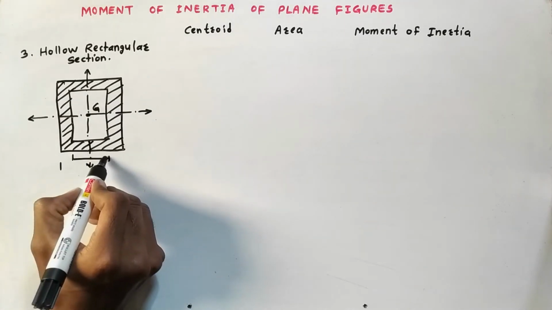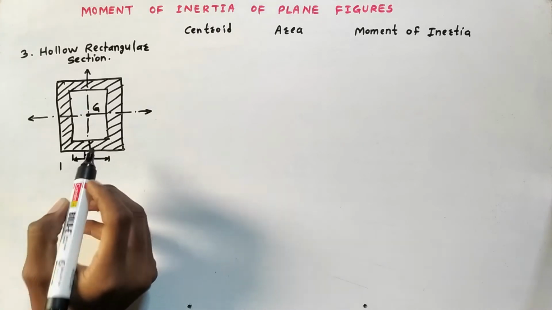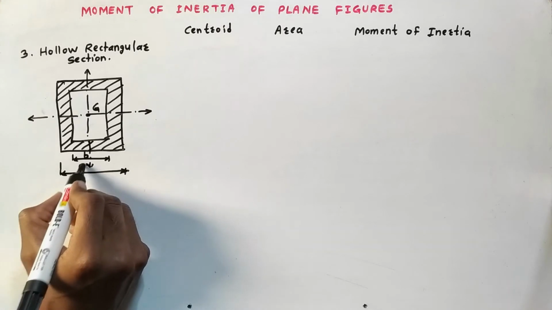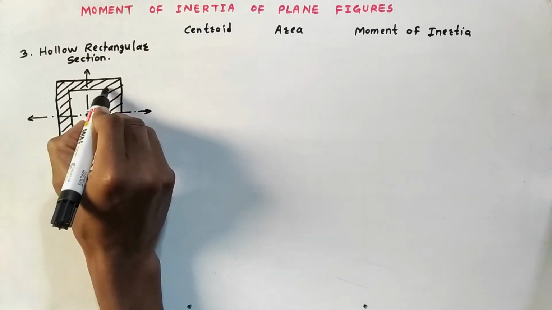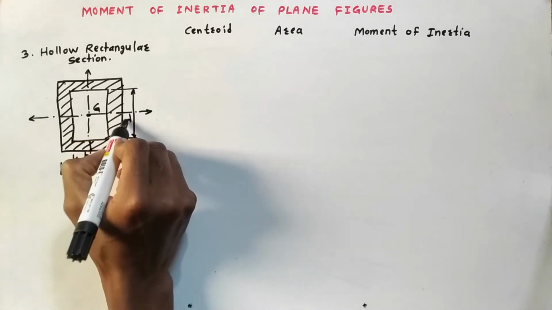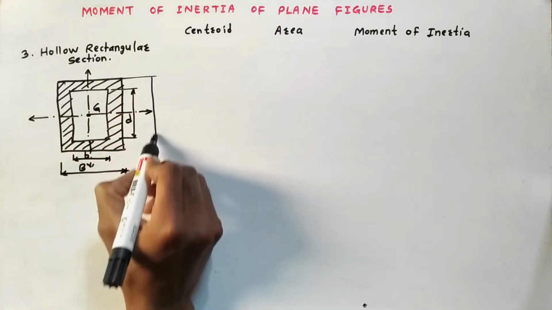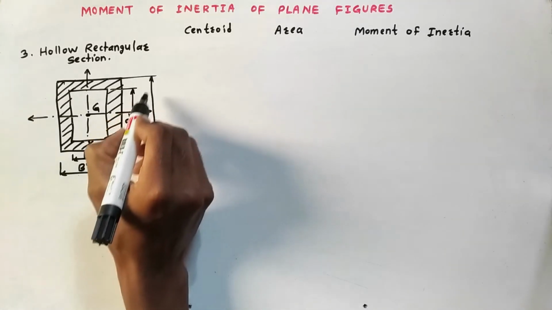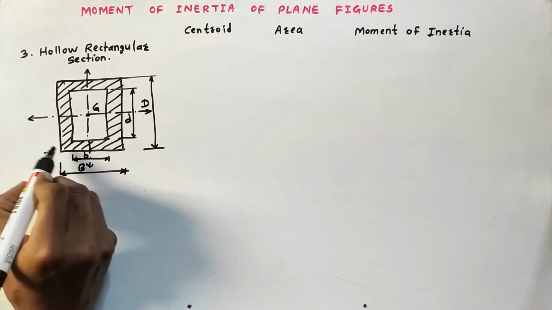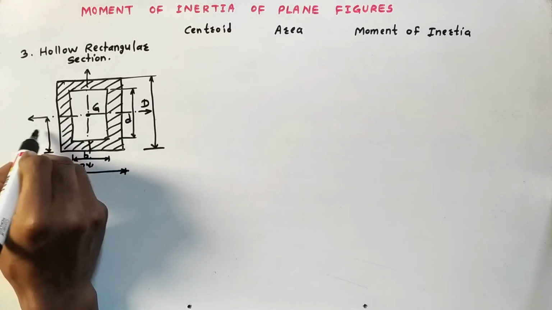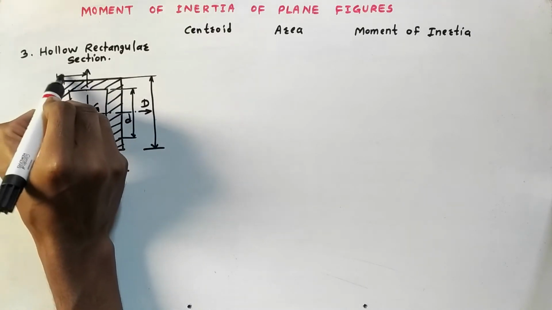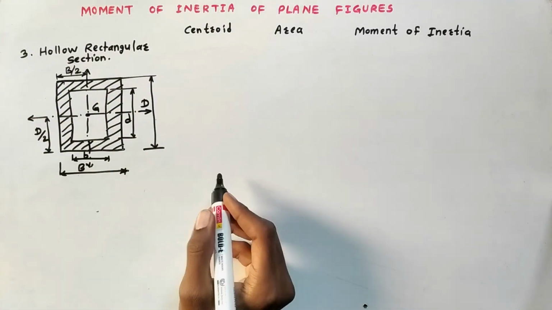Now dimensions. The inner dimension is small b, and this is the outer dimension, capital B. Inner dimension is small d and outer dimension is capital D. The centroid from the bottom is at D by 2, and from this side at B by 2.